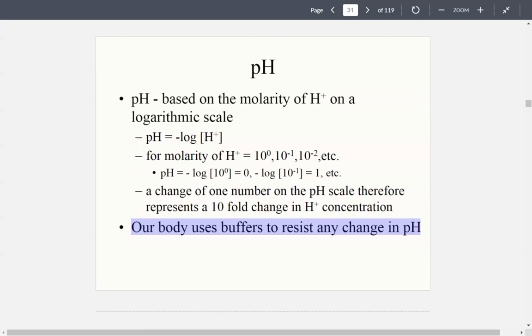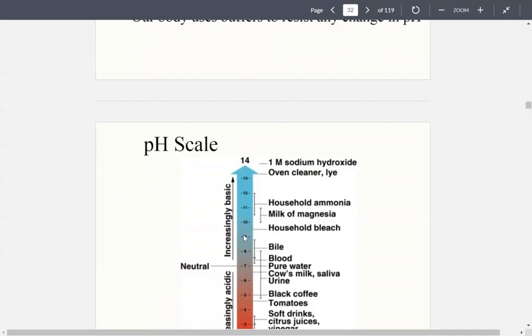If, however, it is becoming more basic, then they're going to give up hydrogen ions because the concentration will be getting lower. In order to resist that fluid becoming too basic, these buffers will give up hydrogen ions, increasing the hydrogen concentration to help stabilize that pH. And your body is constantly doing this.